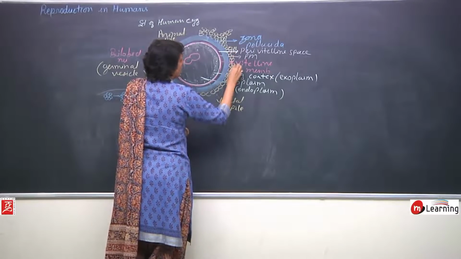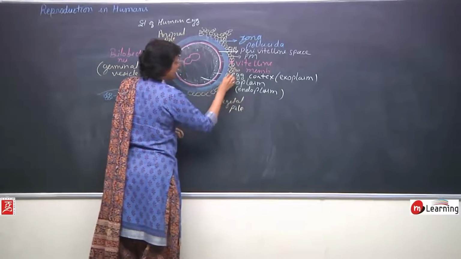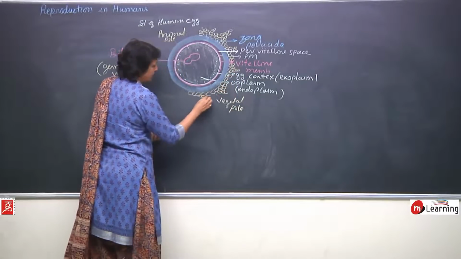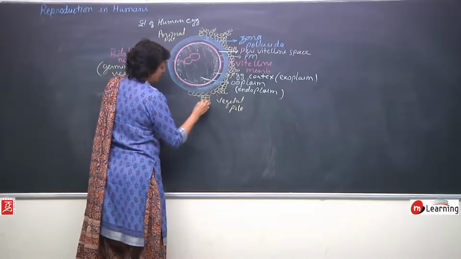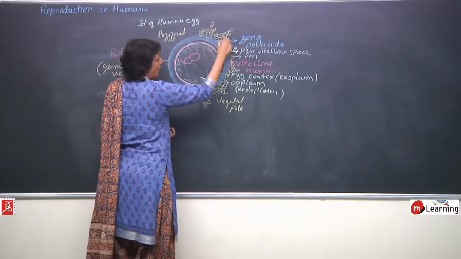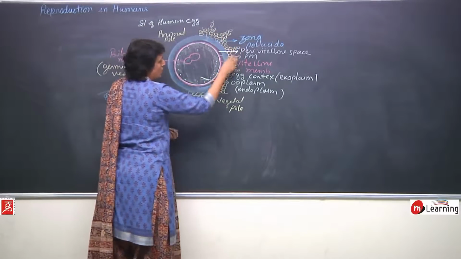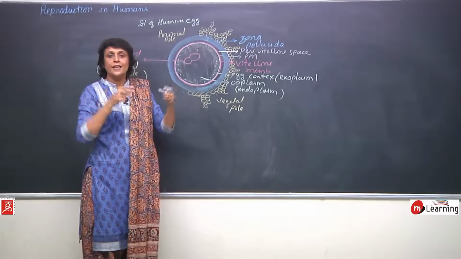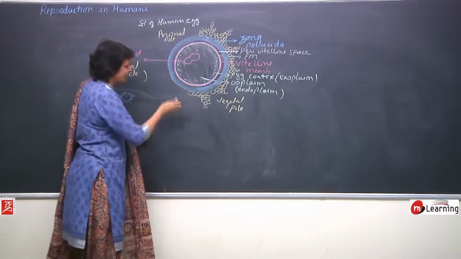The arrangement of these follicular cells is such that they appear as if the cells are radiating. Like you could see here, the inner layer is uniform and there are some cells which are sort of radiating out in the form of rays.